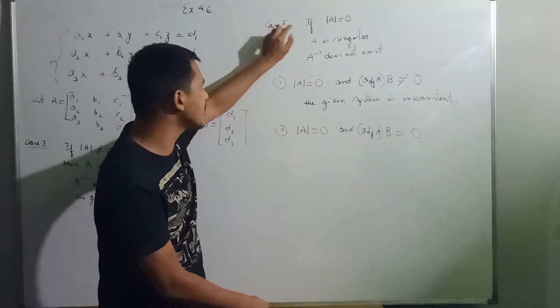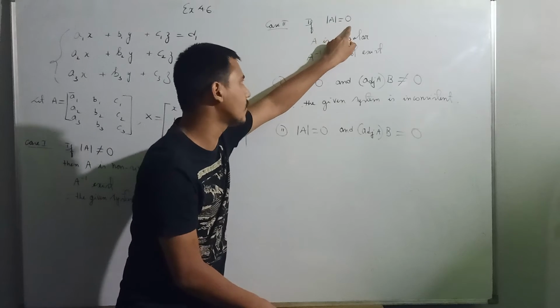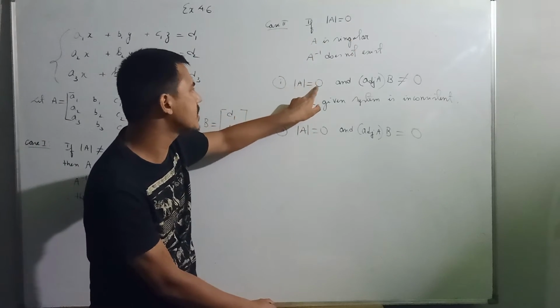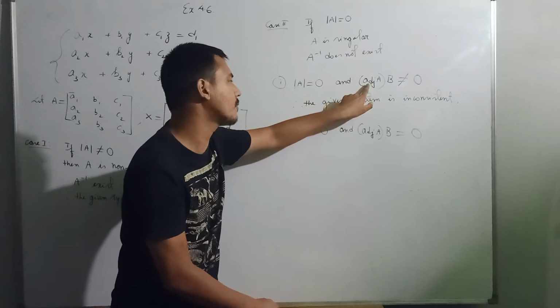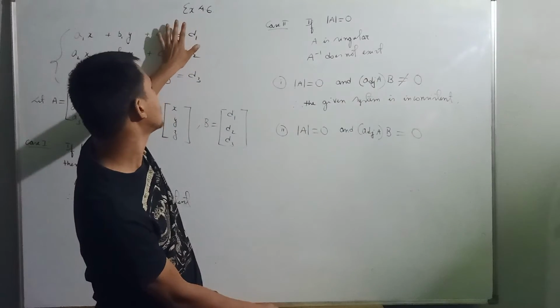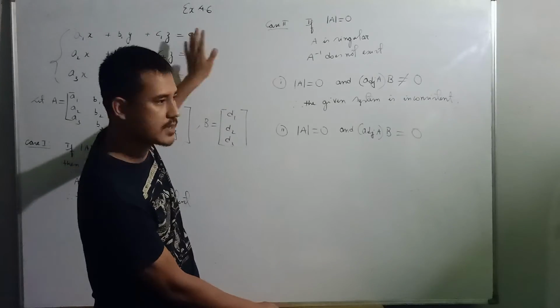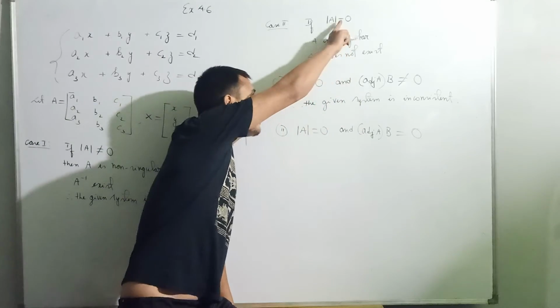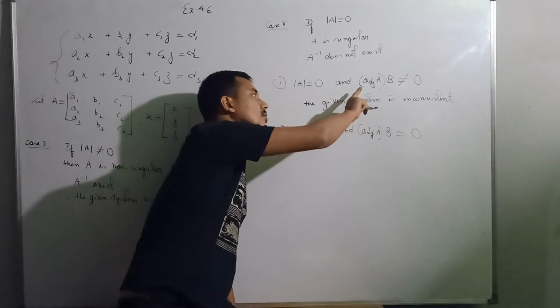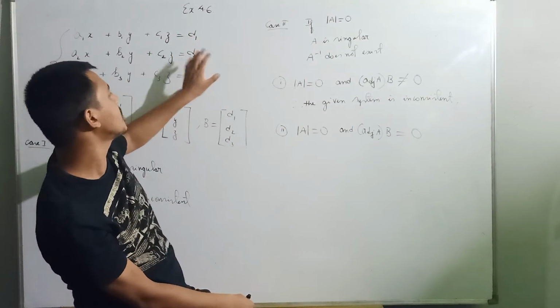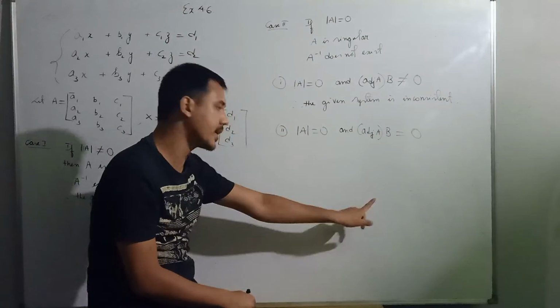In the second case, if the determinant of A is 0, then we have two conditions. If the determinant of A is 0, but adjoint of A times B is not 0, then the given equations are inconsistent. That's the end of the story. Second case, if the determinant of A is 0 and also adjoint of A times B is 0, then the given equations can be consistent or inconsistent.